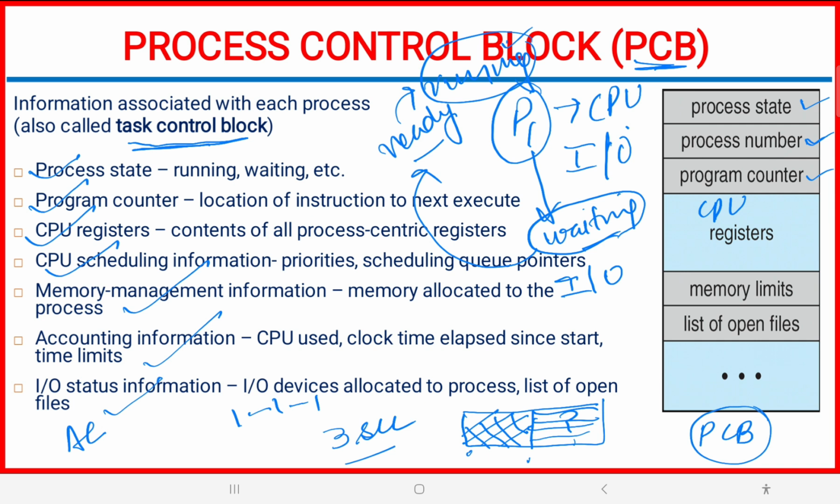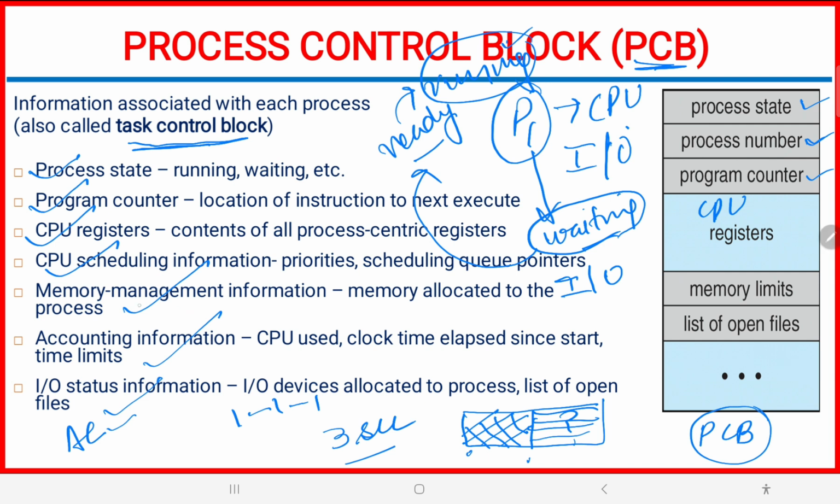For example, if I take the case of accumulator, if some mathematical calculations are going on over there, the values are stored in accumulator or some general purpose registers. Likewise, some information with regard to the addresses is also stored.